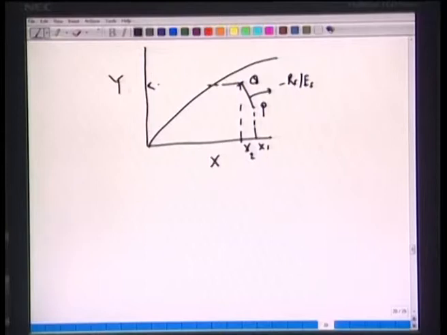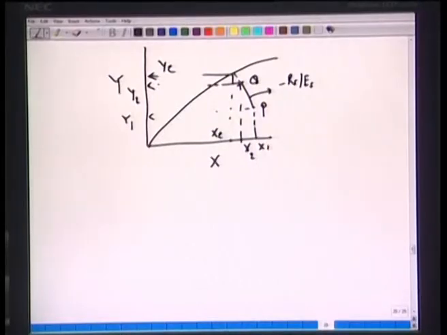This is your y2. For x1 we have this y1. Now if they are in equilibrium, then we can extend this line, and we can mark this point as ye. Equivalent to this, we have this xe.